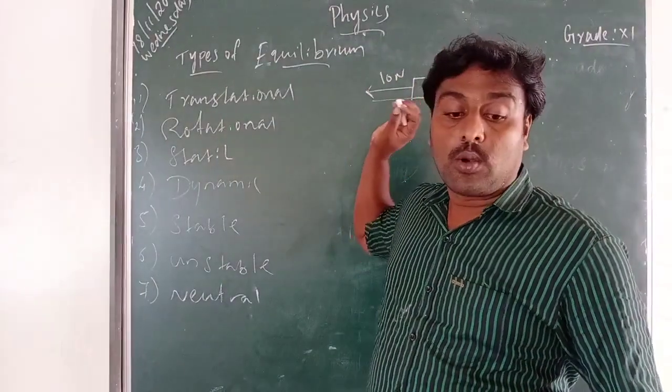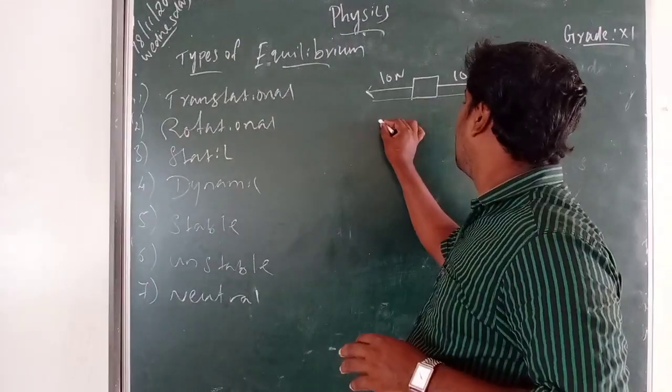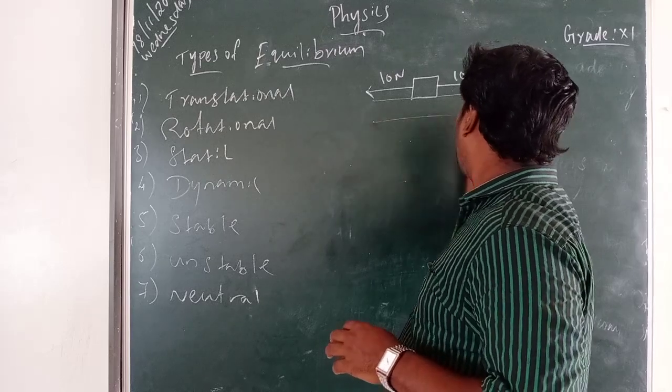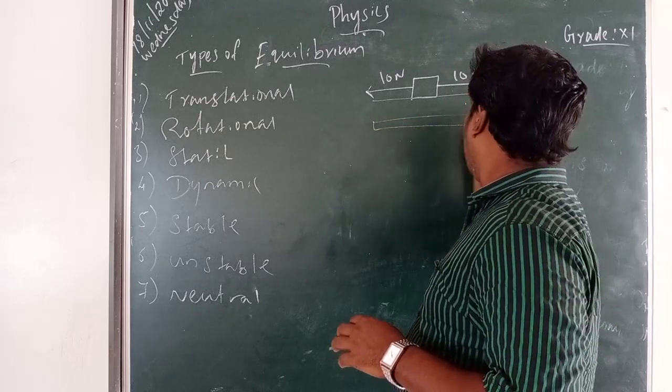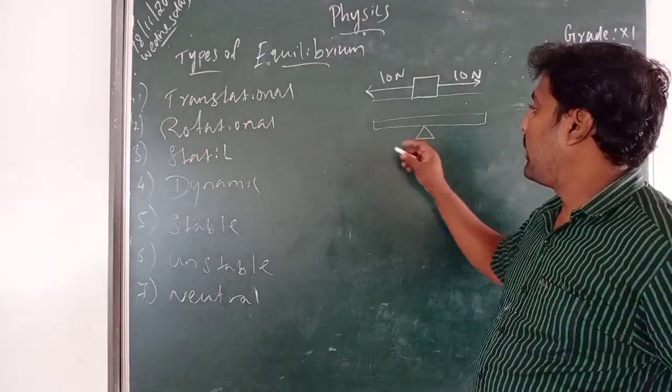Next one is rotational equilibrium. Here, assume that there is a uniform rod which is kept on a pivot.